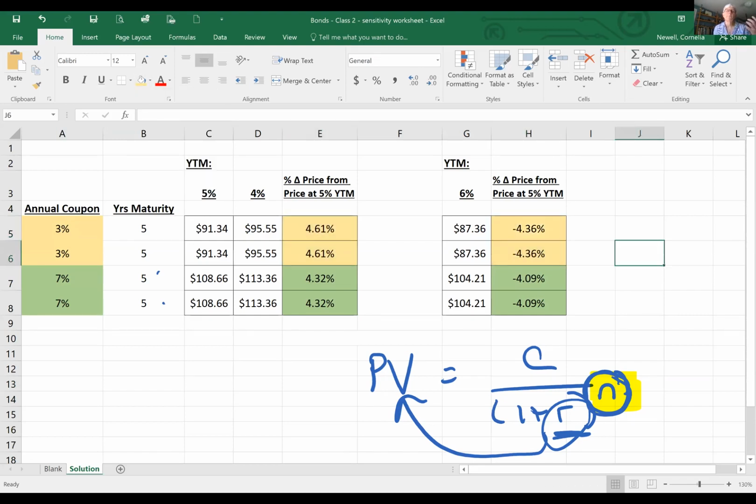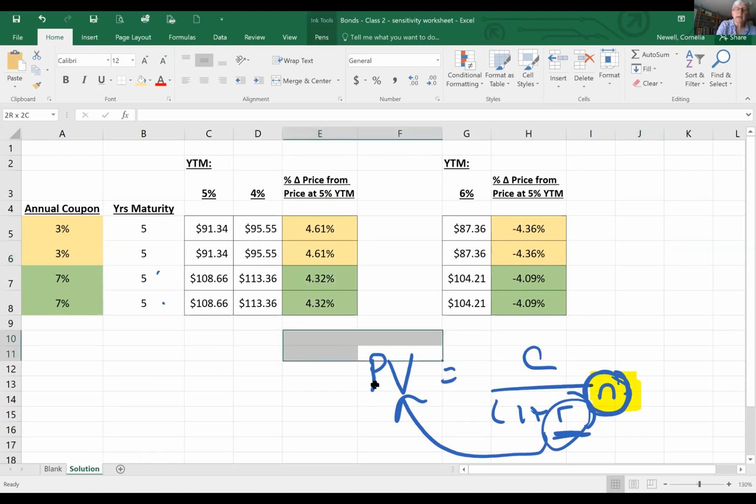So when you have a bigger coupon, it doesn't change quite as much. The difference is nowhere near as significant as the difference in maturity. The difference in maturity made a huge difference. The difference in coupons makes a little difference, but it does make a difference.